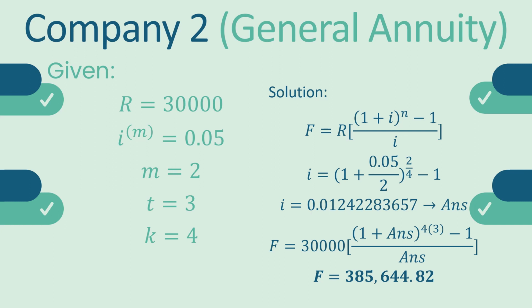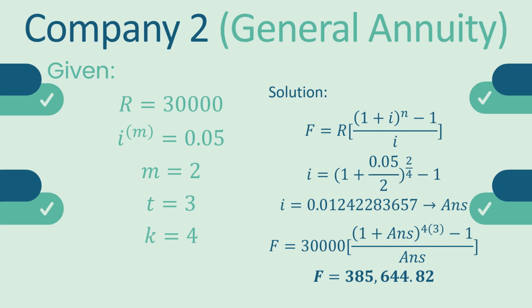F is equal to R times 1 plus I raised to n minus 1 over I. I is equal to 1 plus the rate over the compounding period raised to the number of conversions per year over the number of payments per year, minus 1. And the value of I is 0.01242283657.